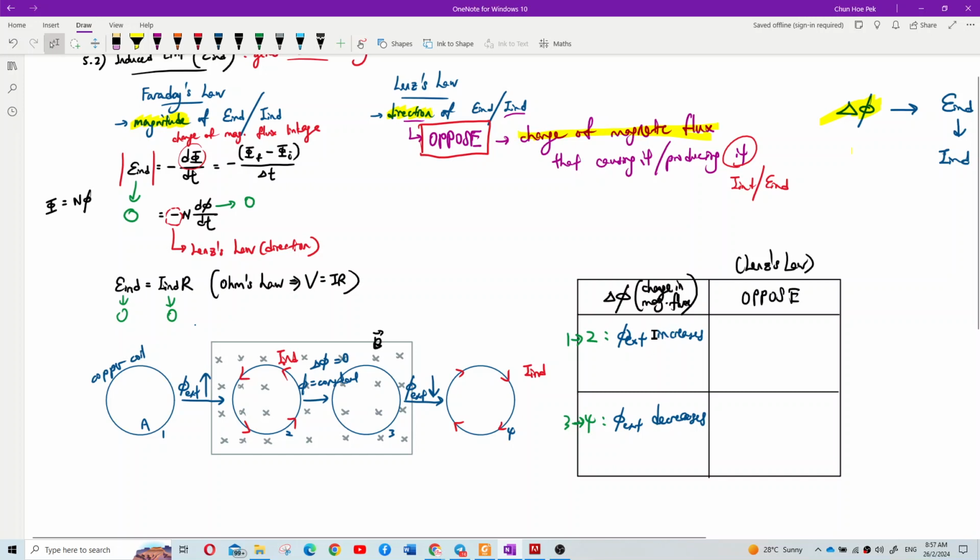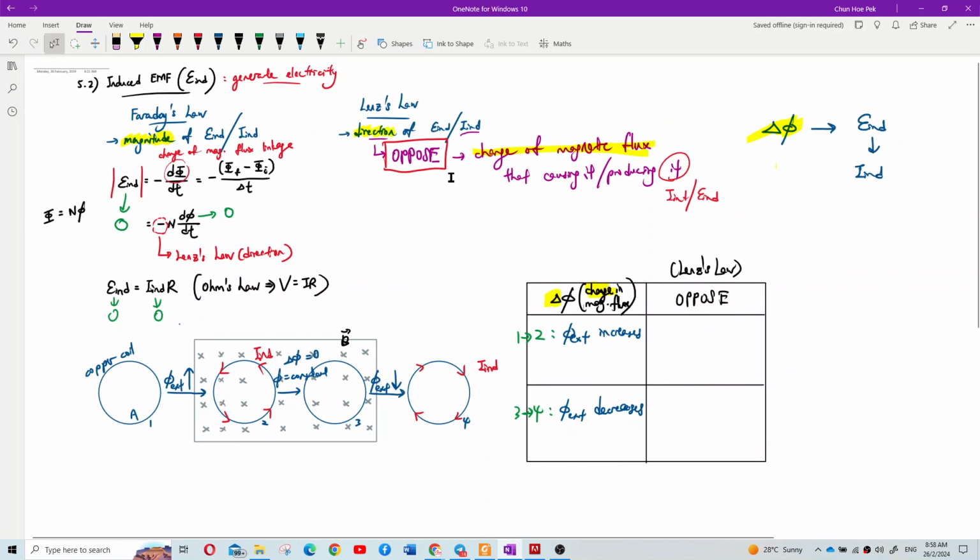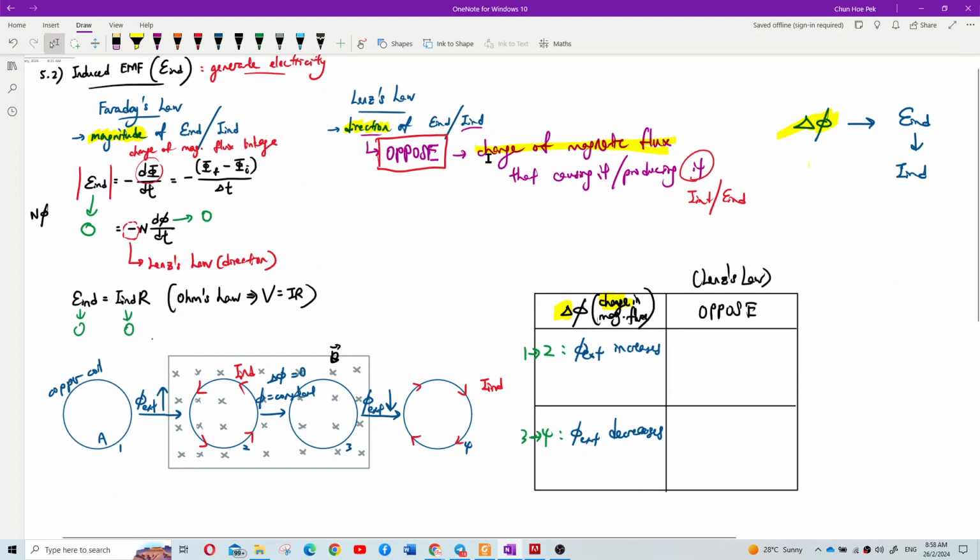So this is the change, delta, the change that happens. Ini meningkat, ini menurun. Betul tak? What does Lenz's law say? Oppose means menentang. Menentang perubahan.